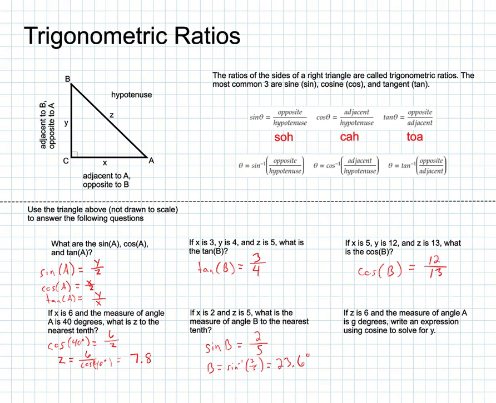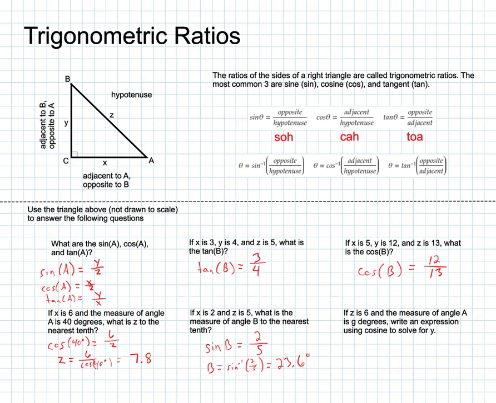If z is 6 and the measure of angle A is g degrees, write an expression using cosine to solve for y. So we're given the hypotenuse, which is 6, and we're given angle A is g degrees, which is a variable, not a number, and we want to solve for y using cosine.